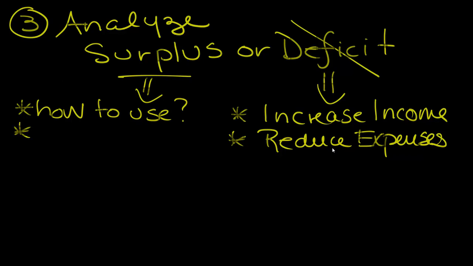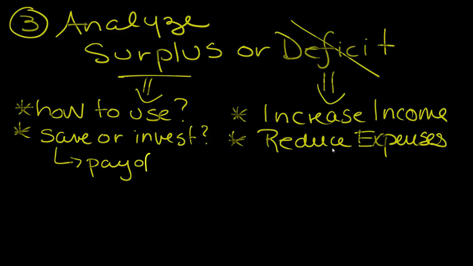So the analysis for a client who has a surplus is to help them think about ways to save or invest. Now, when we talk about saving or investing, though, the first priority in saving should be to pay off any consumer debt that they might have.